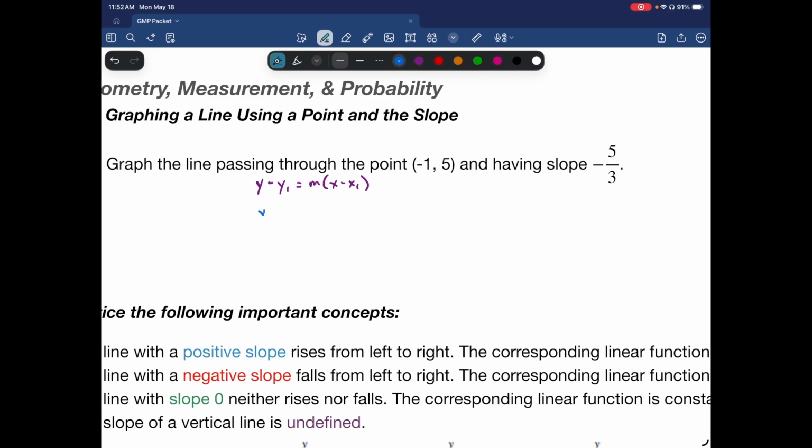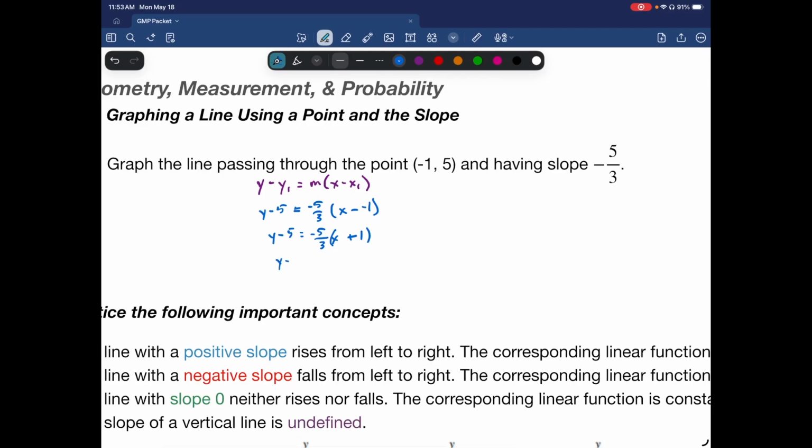All right, so this would be y minus, my y is 5. My slope is negative 5 thirds. x minus negative 1. All right, so it's going to be y minus 5 equals negative 5 thirds x plus 1. Okay, so y minus 5 equals negative 5 thirds x minus 5 thirds.